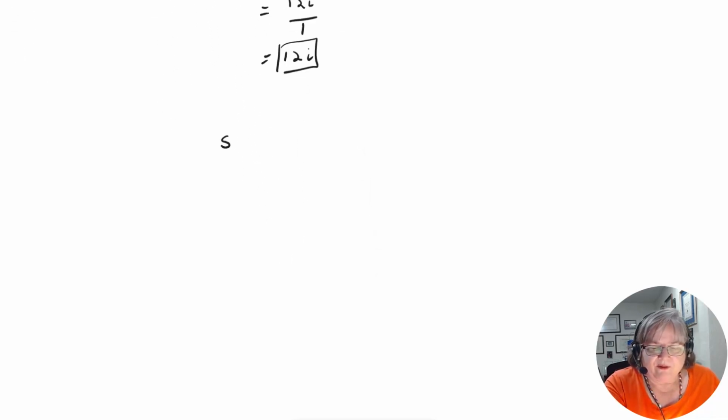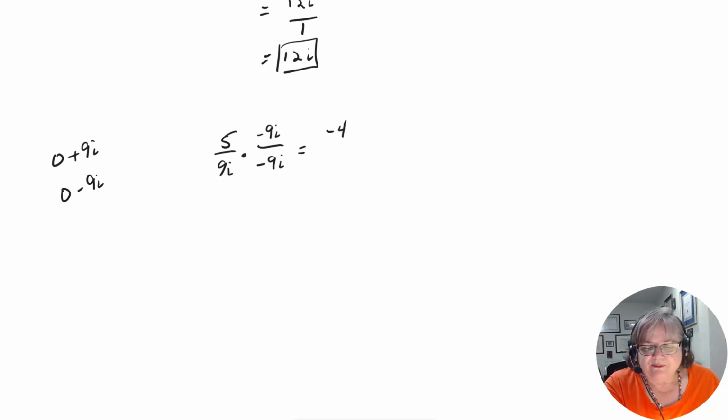If you had 5 over 9i, this is considered to be 0 plus 9i, so its conjugate would be 0 minus 9i, so you'd multiply by negative 9i, and the top by the same thing to be legal. So you'd have negative 45i over negative 81i squared. So you have negative 45i over negative 81 times negative 1.